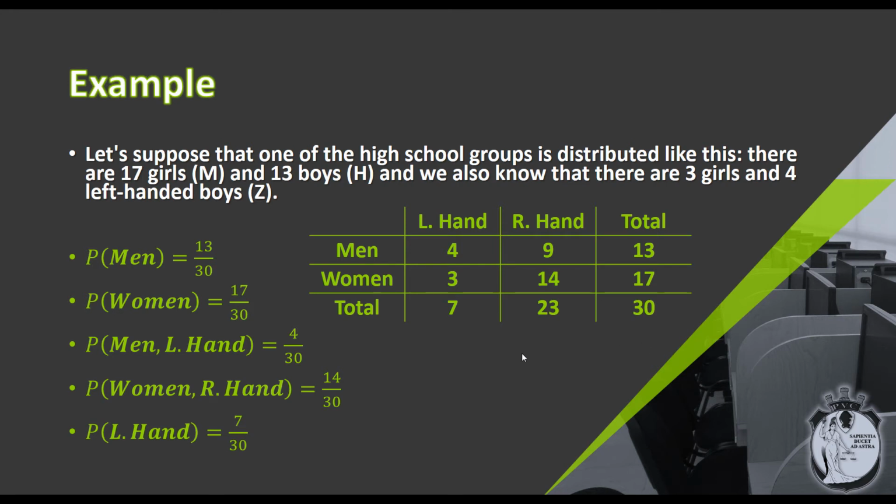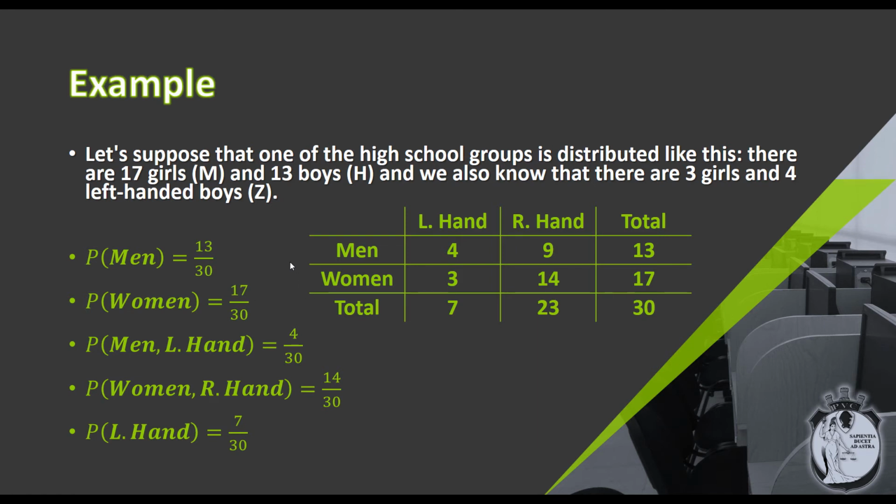For example, to calculate the probability of selecting a man, it is 13 of 30 students. The probability of selecting a woman is 17 girls of 30 students.